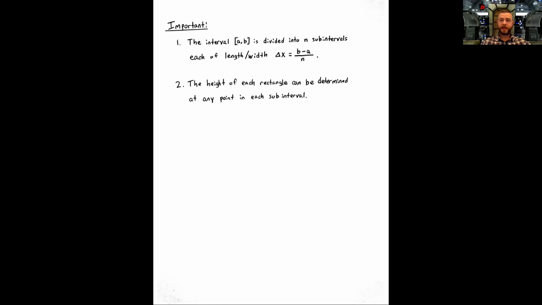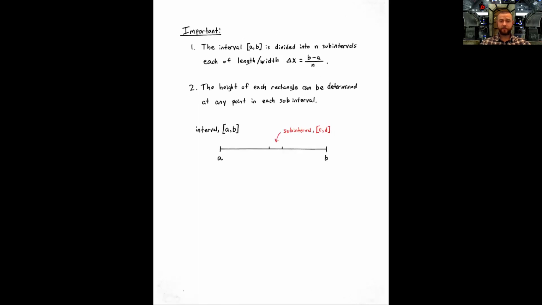All right, the next part is how we determine the heights of each rectangle. That again comes from the function value. We can determine the height at any point within each subinterval. Now let's take a look at the bigger interval, a to b, and let's just focus on one of those subintervals, one of those smaller intervals over which there would be a rectangle.